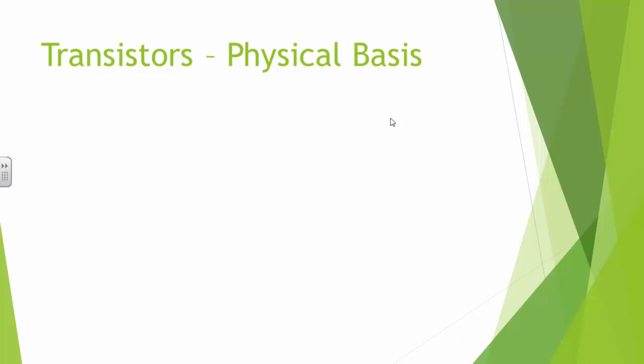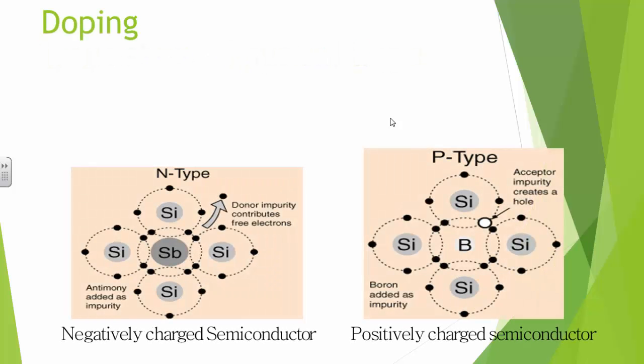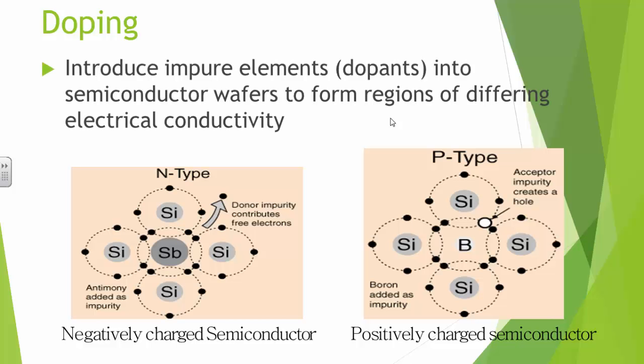Okay, so what was the physical basis for this shocking device? Well, first we have to know a little bit about doping, not the athletic doping, but rather semiconductors, in which we introduce impure elements into a semiconductor wafer, and that gives us a region of differing electrical conductivity.